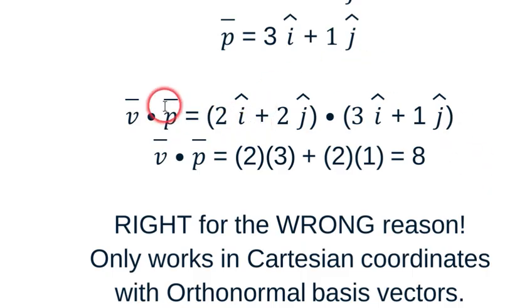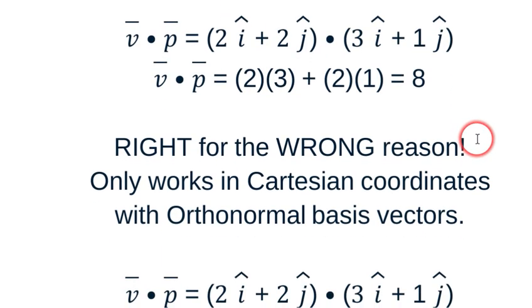Because the product you're doing here only works in Cartesian coordinates with orthonormal basis vectors. And in relativity, you work with curvilinear coordinates that do not have this. They do not have orthonormal basis vectors. Sometimes they have orthogonal basis vectors, but I don't think they ever have orthonormal basis vectors.